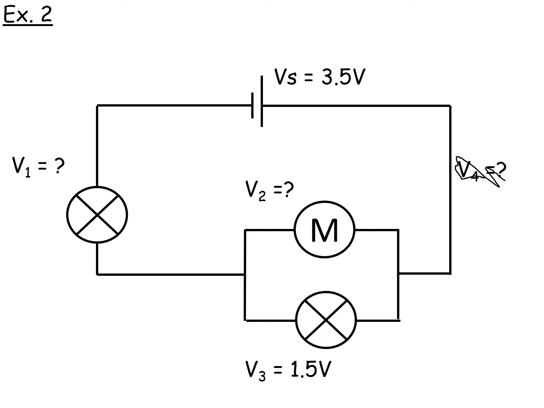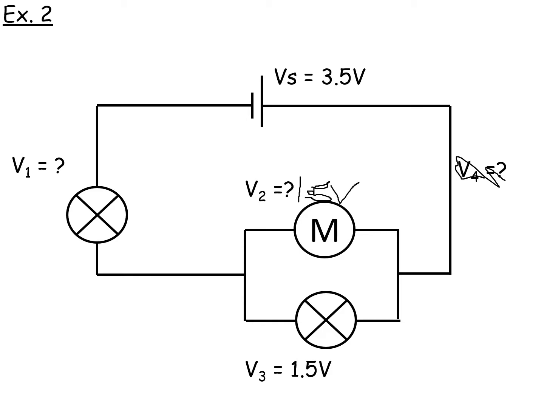Notice how I'm using the same process as before. I'm always doing the same thing, I'm just trying to fit it to the context of the question. So here we know that V3 is 1.5 volts. Voltages in parallel are always the same, or constant. So V2 must be 1.5 volts as well.